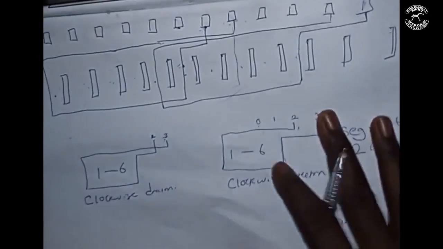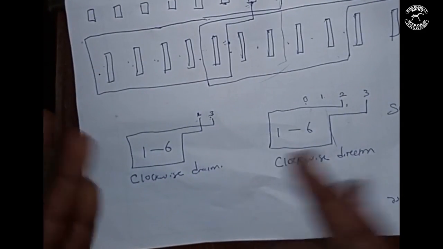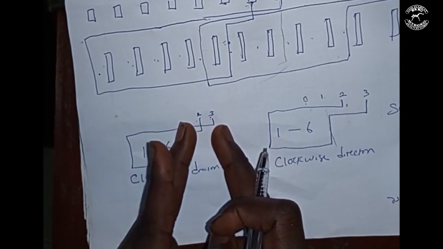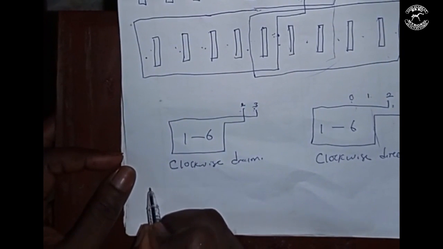What does this mean? It means that if I'm going anti-clockwise, basically you're only choosing for after the pitch. Okay, let me just draw it for you. If I'm going anti-clockwise, it will now look something like this.